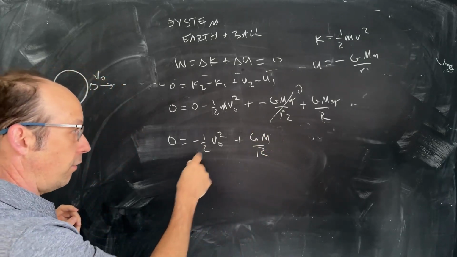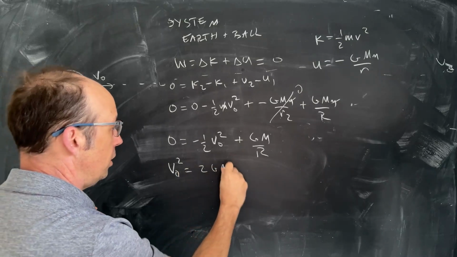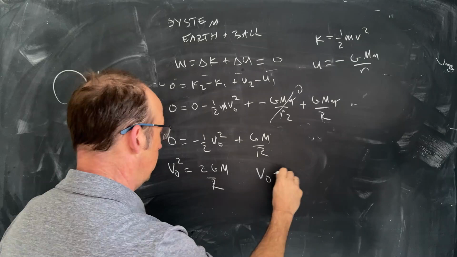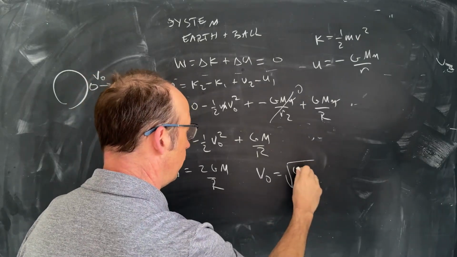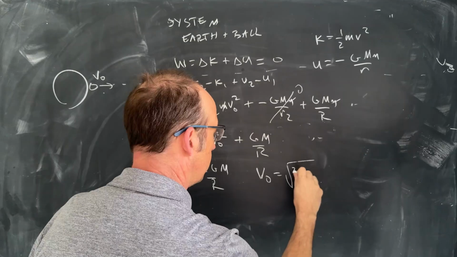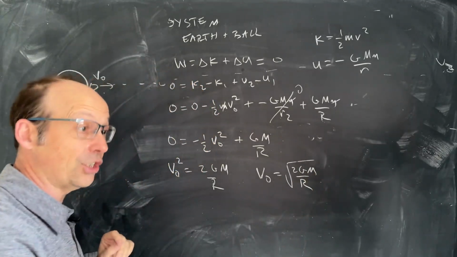And then if I solve for v0, I get v0 squared equals 2GM over r. So v0, this is escape velocity, is equal to the square root of 2GM over r, where r is the starting position.